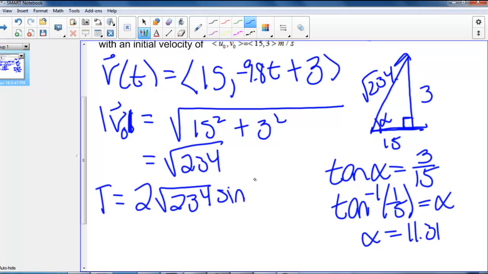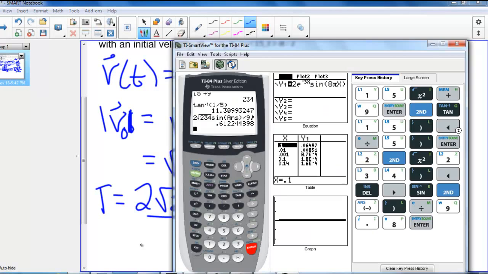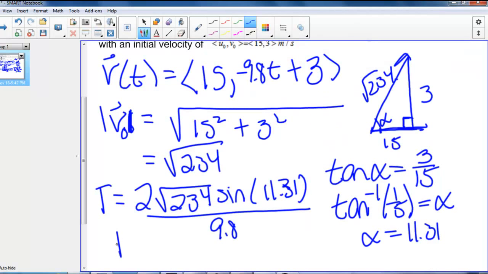So now the time of flight equals 2 times the magnitude of the initial velocity times sine of alpha, so sine of 11.31, all over gravity, which is 9.8. That gives us 0.61. So our time of flight equals 0.61 seconds.